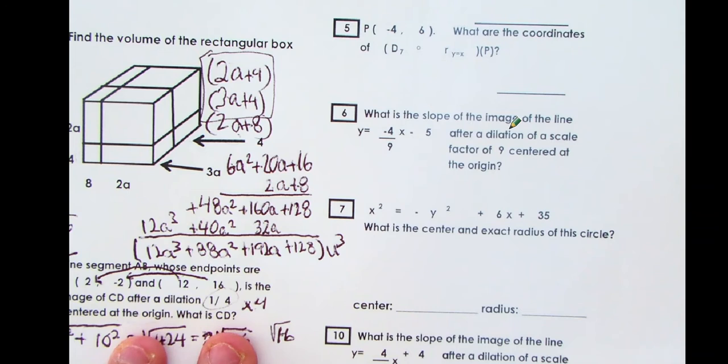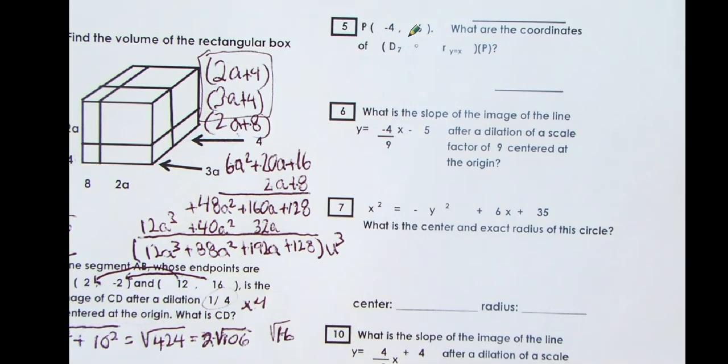Okay, next type, right here. We have a preimage point. What are the coordinates of this under these 2 transformations? Remember, I can't call it an isometry, because isometries, what do you remember about isometries? The image and the preimage remain what? Starts with C. Congruent. Well, when I do a dilation, does it remain congruent?